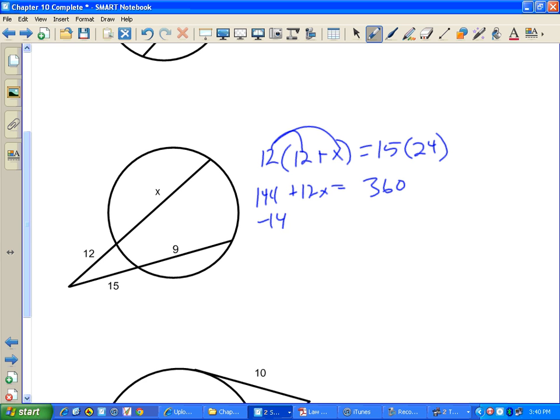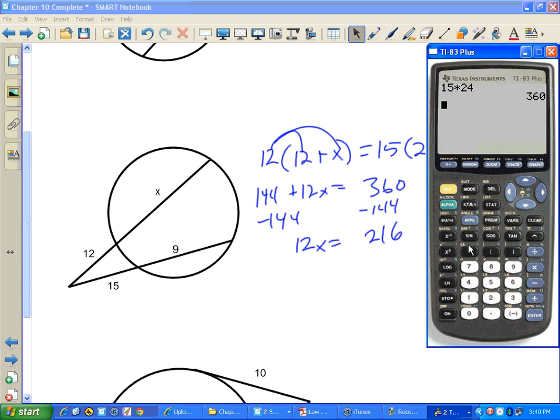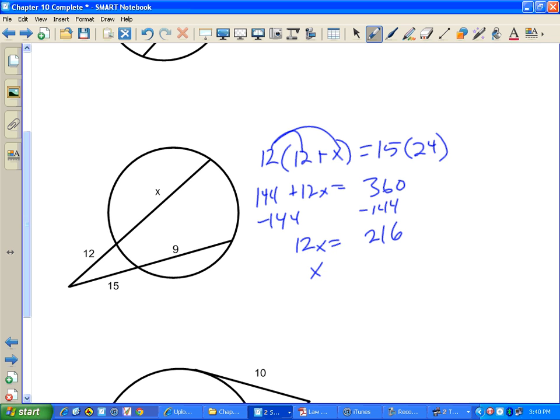Subtract the 144, so 12x equals, let's see, this would be 216. Let's double check that. Yep. Divide that by 12, and I get 18. So x is 18.